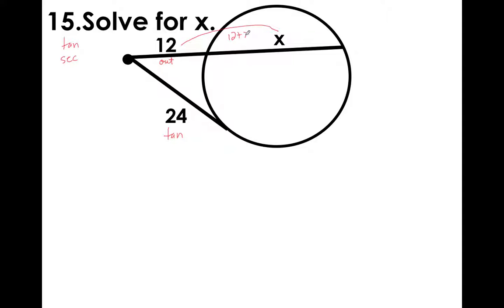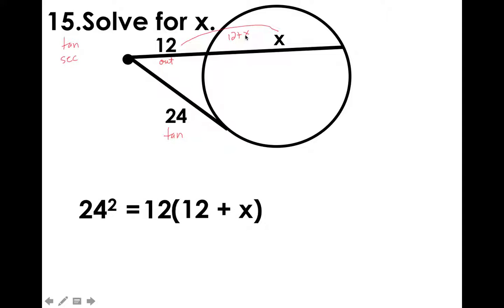So therefore, when I plug them into the formula, the rule says that I do 24 squared is equal to the outside, which is 12, times the whole, which is 12 plus x. Well, now I just go through order of operations. So the next thing I do is I simplify and I get 576 is equal to 144 plus 12x because of distributive property.